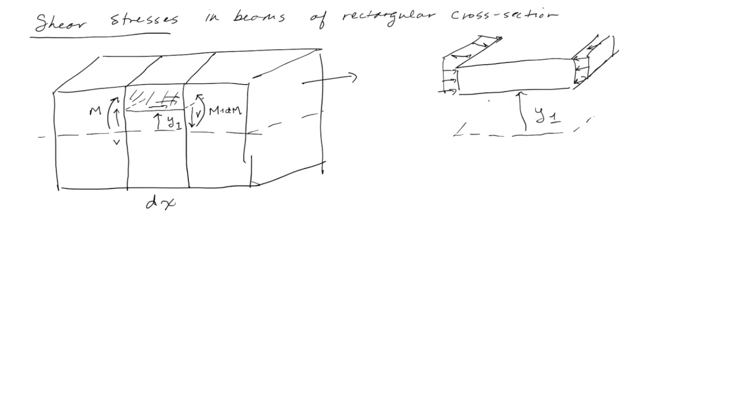We'll call this sigma 1 and this sigma 2. Now, they're not necessarily equal anymore, because we're not in a pure bending case. So we're assuming that there's some change, and that change in equilibrium has to be offset by something we call shear forces. So sigma 1 is not necessarily equal to sigma 2.